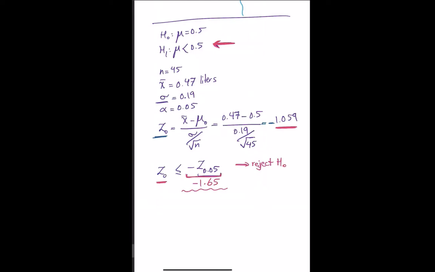And the critical value that I obtained also is minus 1.65. So if the value of our test statistic is less than our critical value, we are going to reject the null hypothesis. Now, can you tell me what is your conclusion here, given the value of your test statistic?